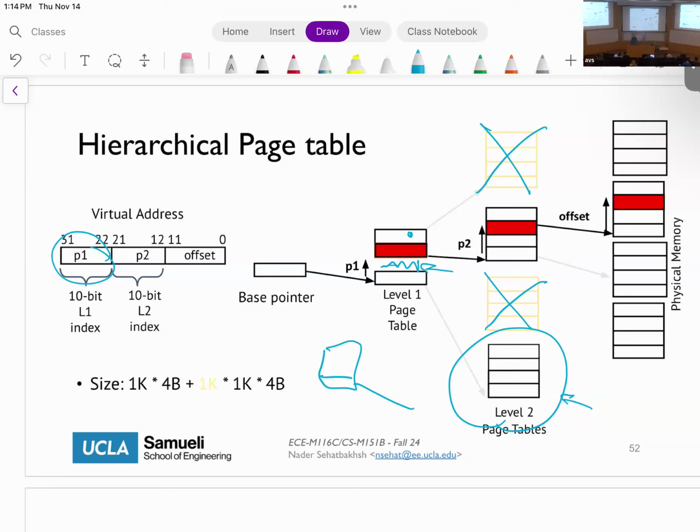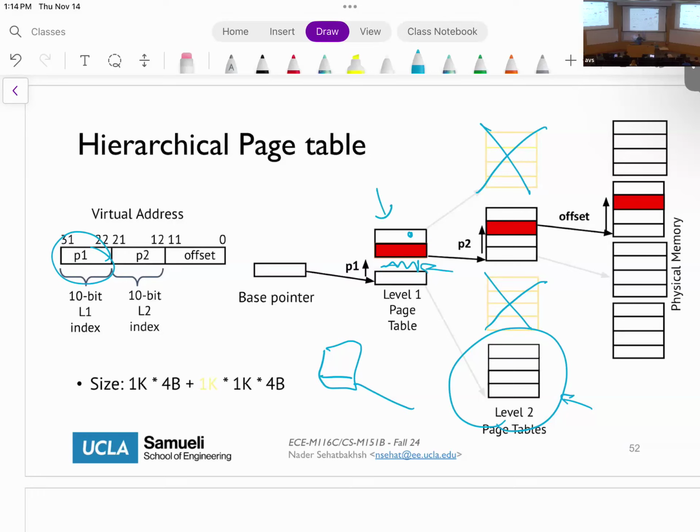So what will happen is that this will allow us to look into the address, especially the higher bits of my address. If I only, for example, use addresses from 0 to 1,000 or something like that, in many programs that's the case, then many of these higher bits are going to be all zeros, which means that you actually never allocate the second level page table in many of these cases, okay? So you don't need to even store them inside your memory.